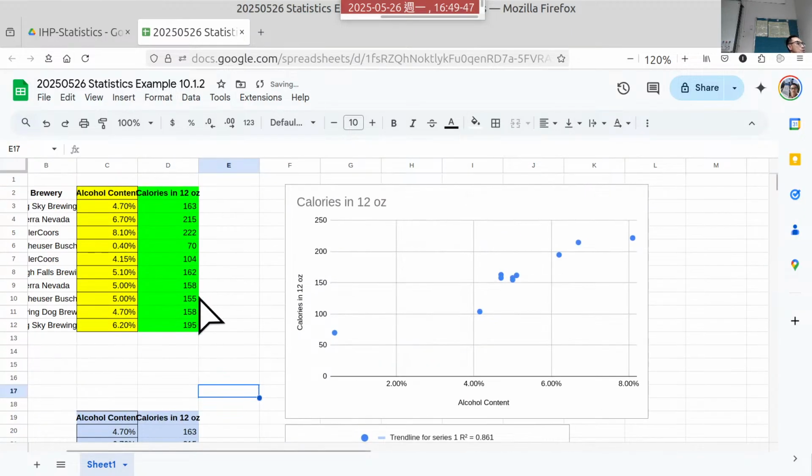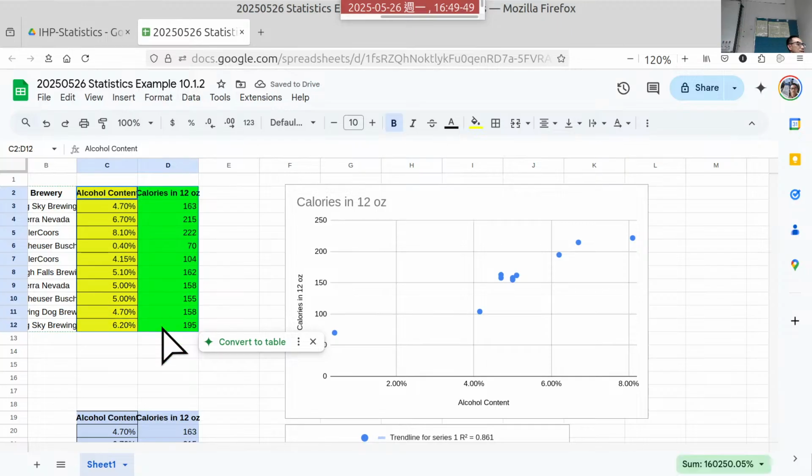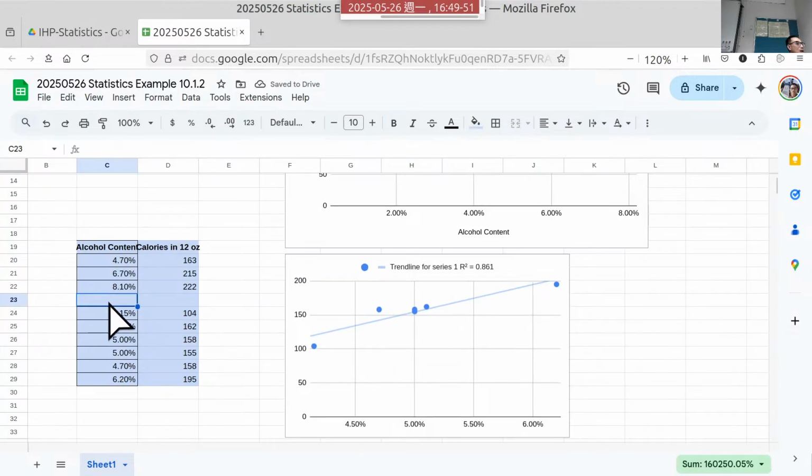Again, you can select the range here and delete the outlier. Select all range and insert a trend line.